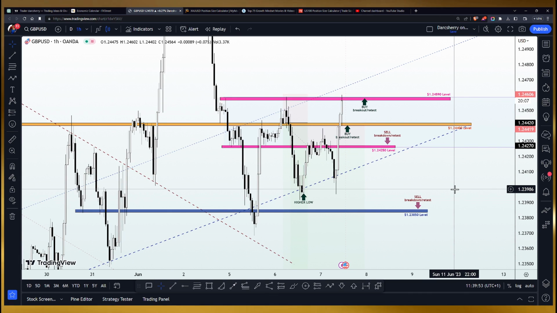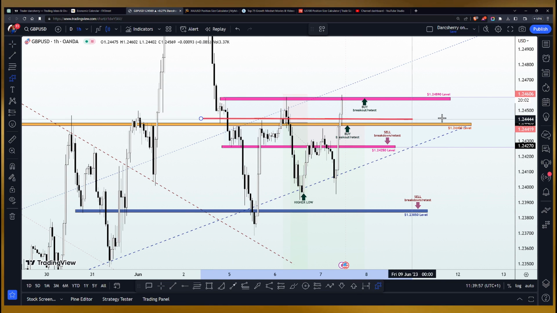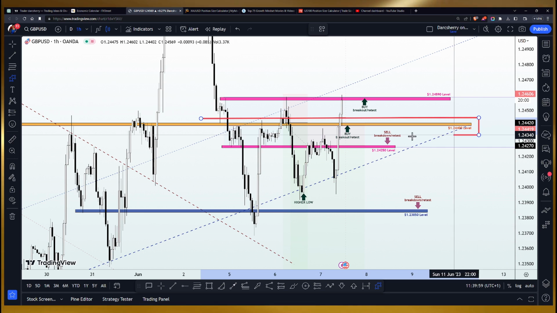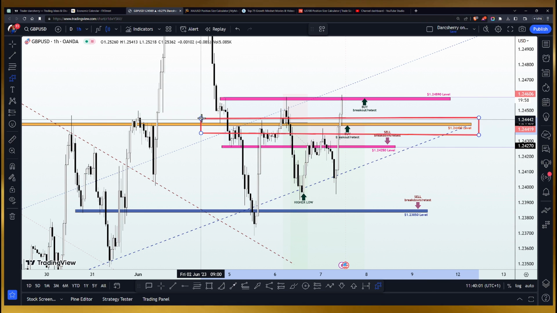Remember, we identified a key level at the beginning of the week at exactly the 1.24400 level, and you know how we use our key level. Key level guides us. It helps us to position ourselves, and if price remains above our key level, definitely we want to be looking out for buying opportunities, and if price remains below the key level, we want to be looking out for selling opportunities.